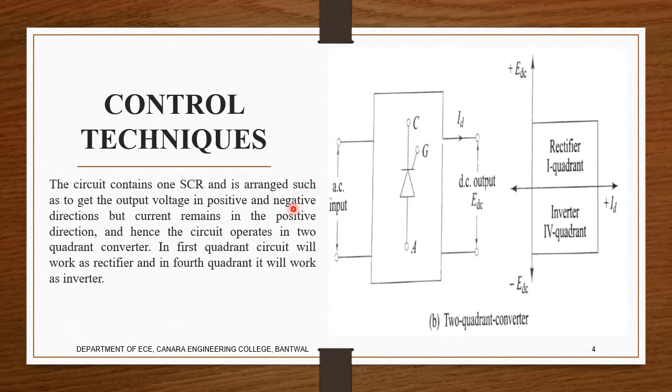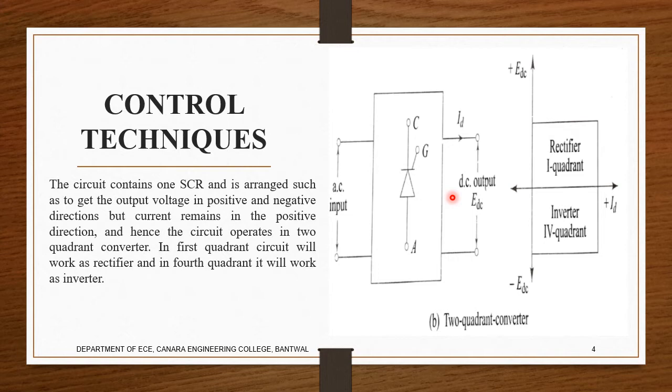Next, this arrangement is such that we have an AC input and we are getting a DC output, and the current is constant, or positive, throughout the process, while the voltage will vary from minus EDC to plus EDC, so the voltage can be negative and positive.